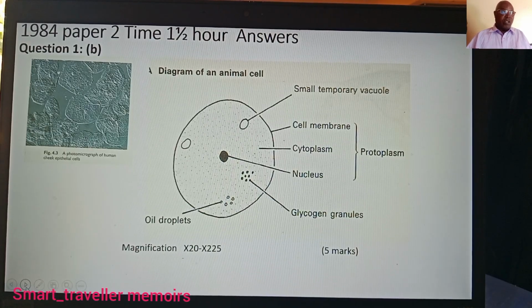The magnification still ranges from what is given.